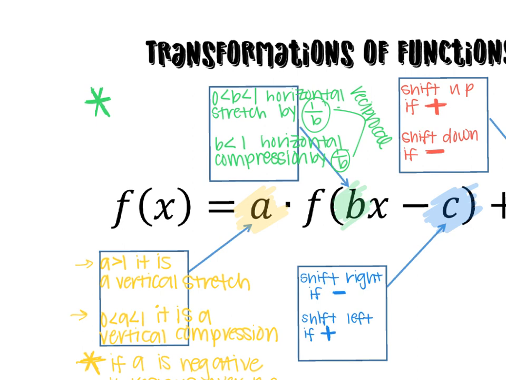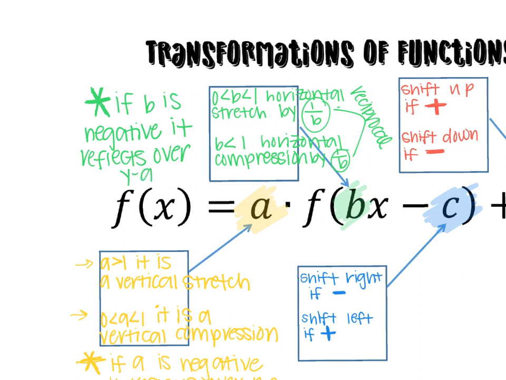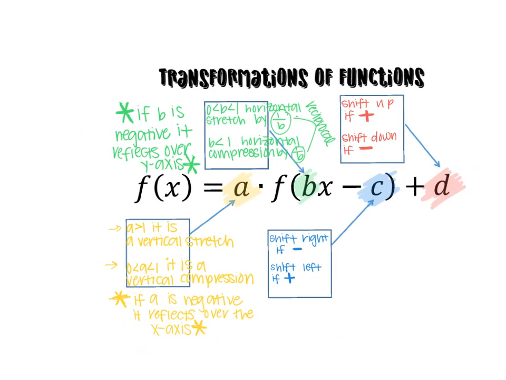All that this means is if B is negative, it reflects, instead of the x-axis, this time it reflects over the y-axis. And those are the rules, and that's how you describe what transformation is happening.